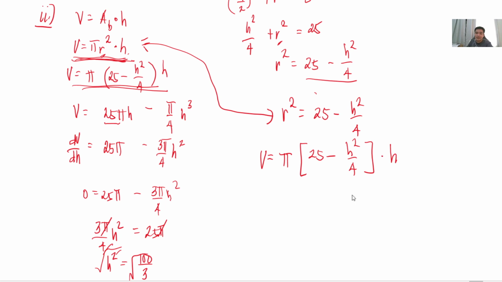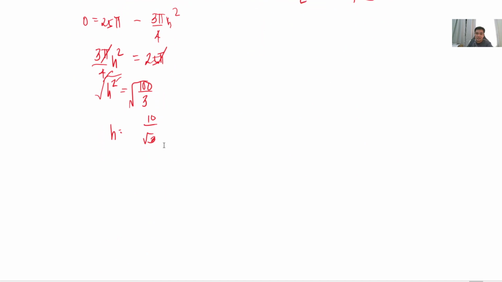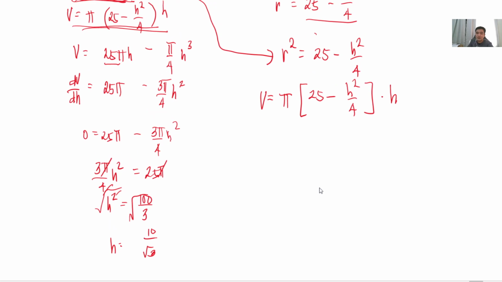Okay? And then meron na tayong height which is 10 all over square root of 3. So volume now of the cylinder is equal to pi times 25 minus h squared, so that is 10 squared all over the square root of 3 squared all over 4, times height, that is 10 all over square root of 3.